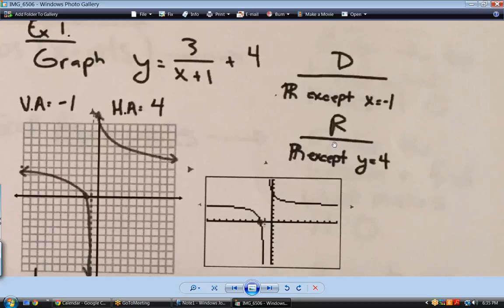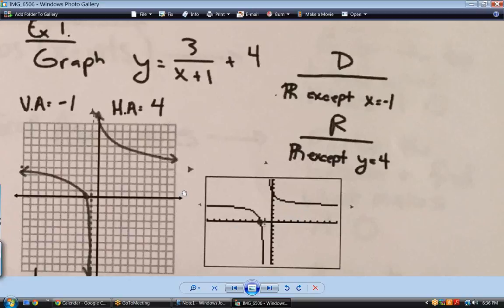Now, the range is a little trickier. The range is always trickier than domain. Range, you kind of have to either look at the graph or think about it in a little different way. Let's do both. If I look at the graph, what's the range? This is the graph, as this is here. What's the range?